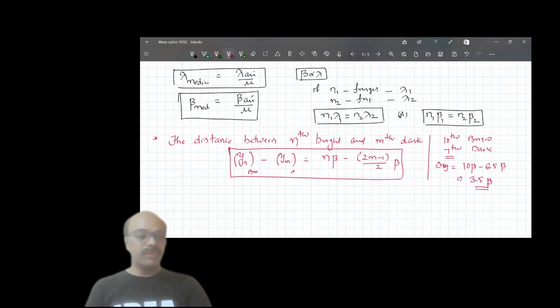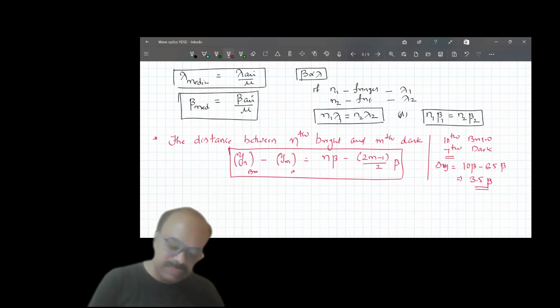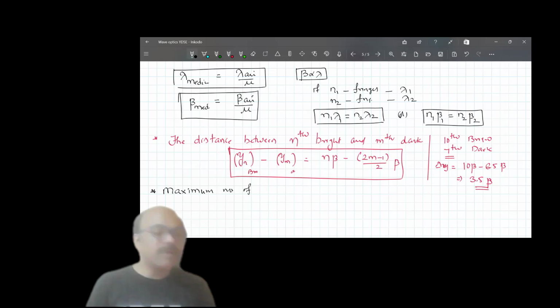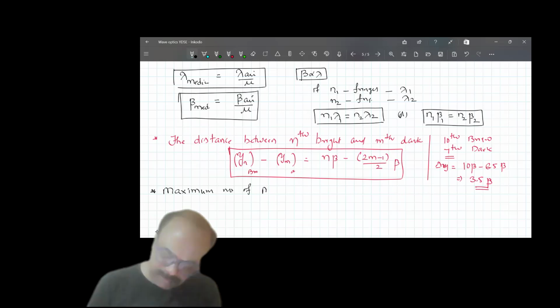Now, here one more thing. The maximum number of fringes they ask, the maximum number of maxima on the screen.